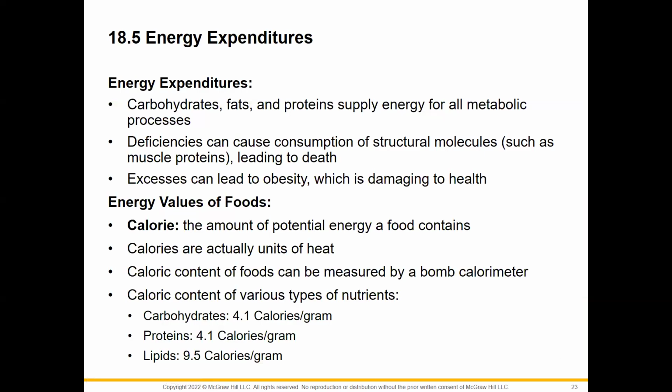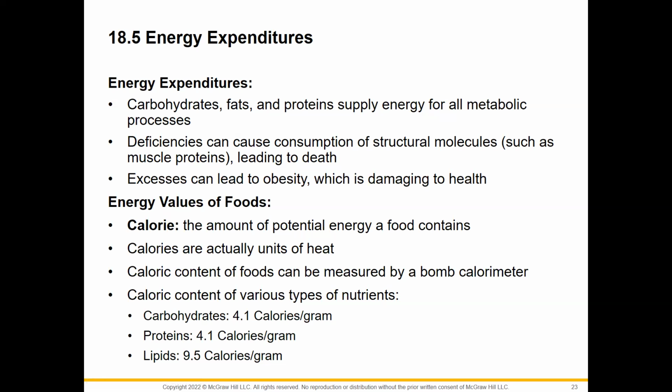So let's talk energy expenditure. Energy expenditure is how your body uses and spends energy. Carbohydrates, fats, and proteins are all used in the body to make energy for your cells to function. Deficiencies in energy can cause your body to consume your structural molecules.